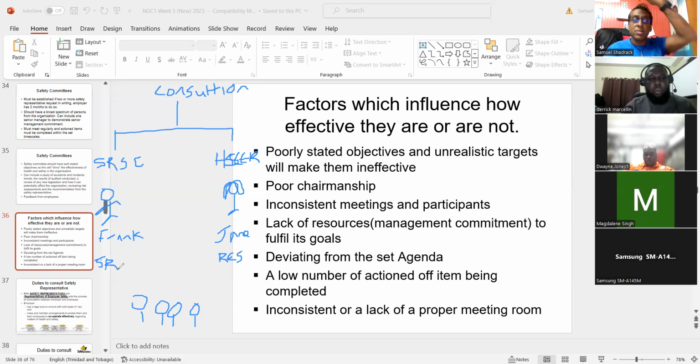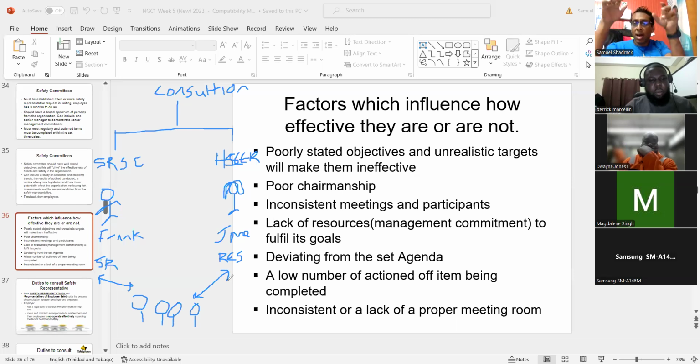See if you understand what the law is. The law is setting up a framework where the employer has to find and hire two persons. The question is why? The idea is to consult with the workforce. You can think of these two persons, Frank and Jane, as the middlemen that are going to liaise between the workforce and the employer.